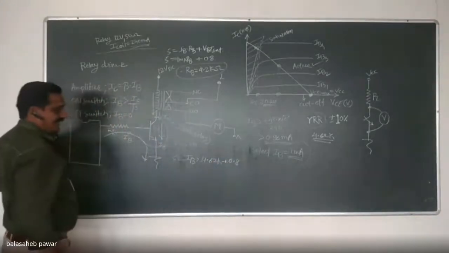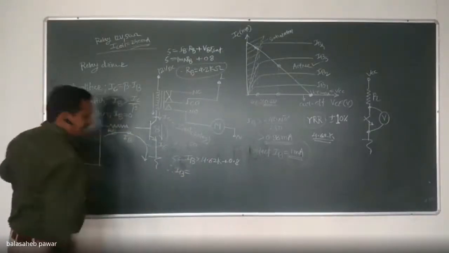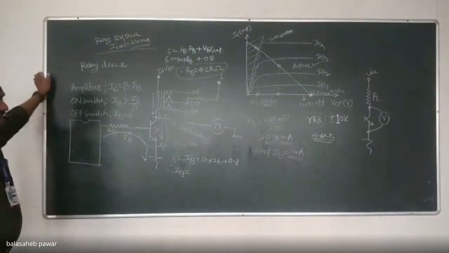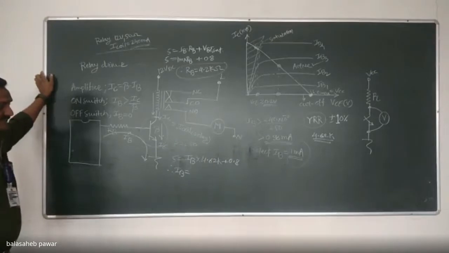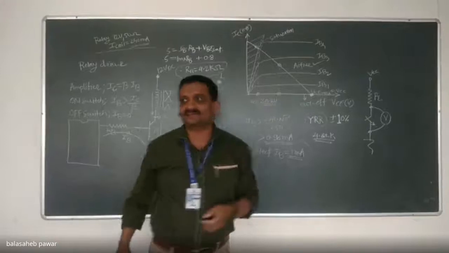That is VBE sat. Therefore, IB will be... calculate the value of IB for this equation.